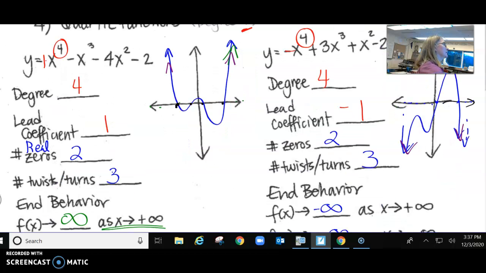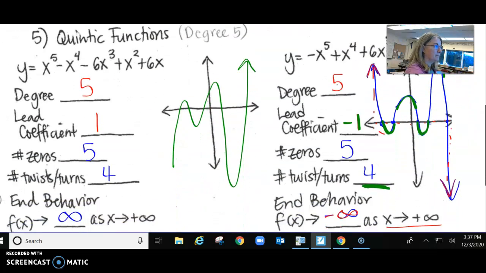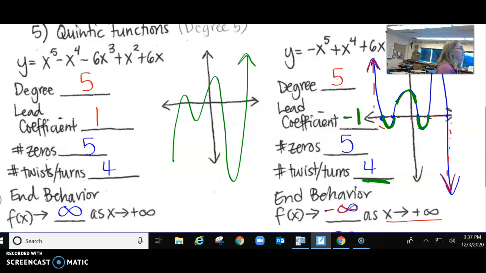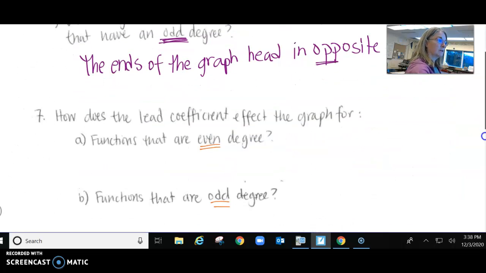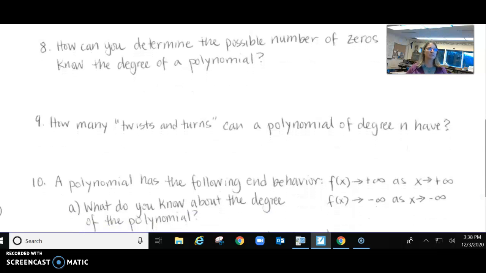Degree 4 has up to 3 twists and turns, or relative maxima and minimum values, and then degree 5 has, let's see, 1, 2, 3, 4, up to 4 twists and turns. So what do you think you can say about how many twists and turns a polynomial of degree n can have?